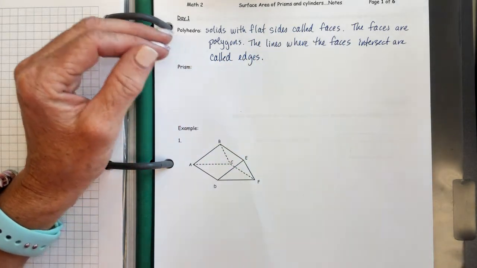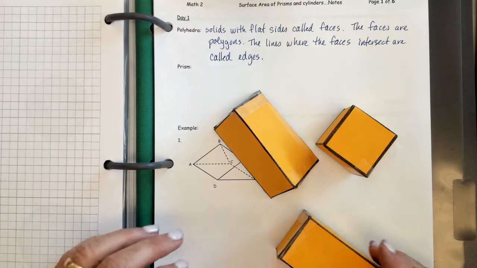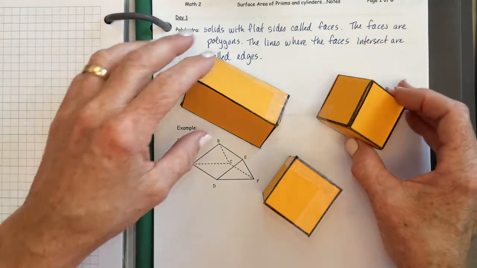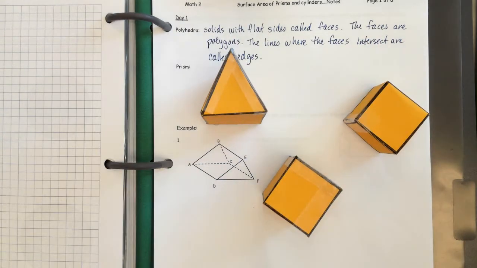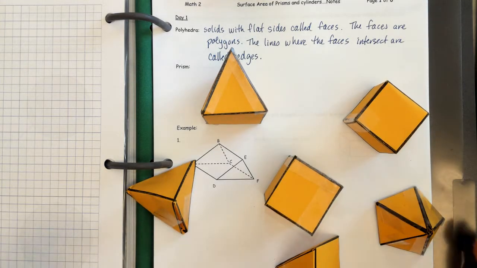So here are some of the polyhedra that you made on Friday in class. These particular ones are all the prisms. You also made pyramids. There's all the pyramids that you made.